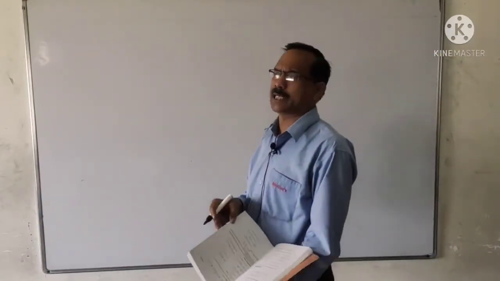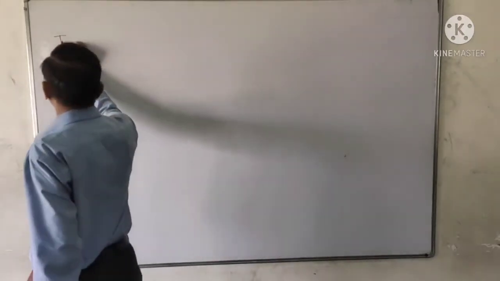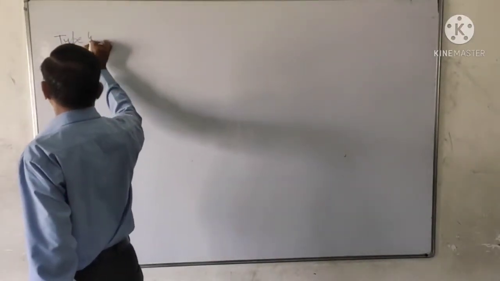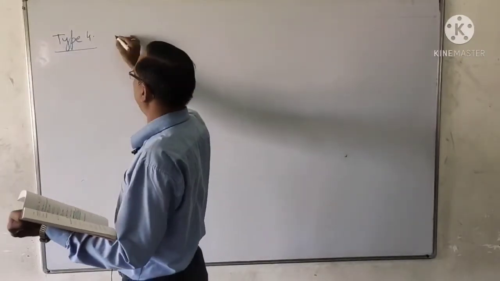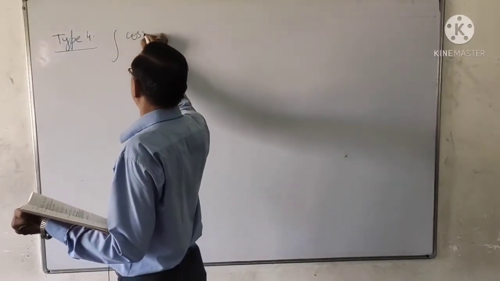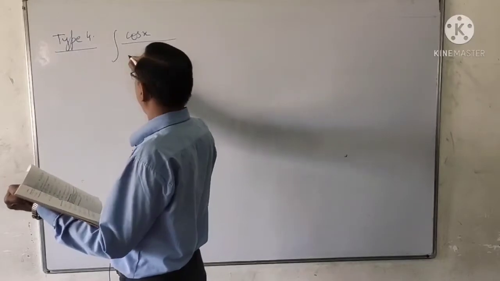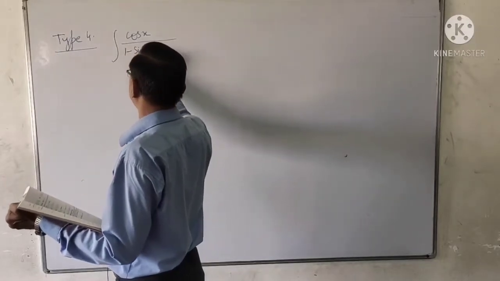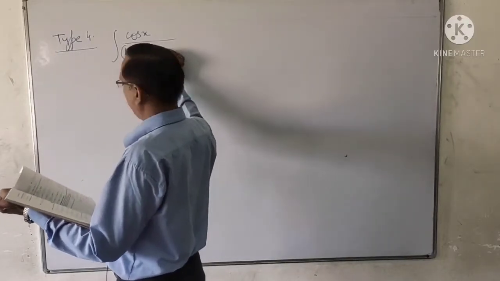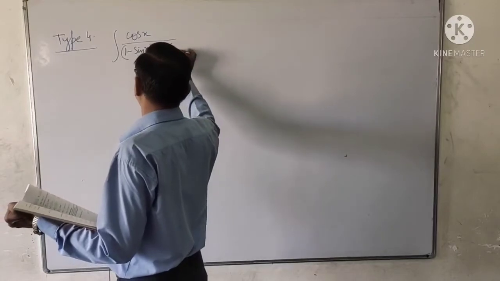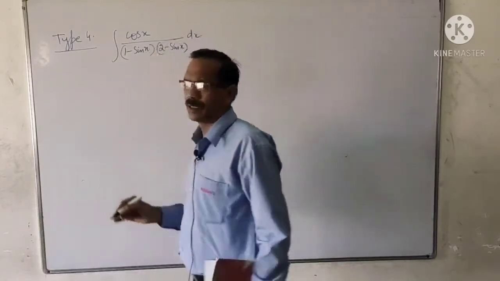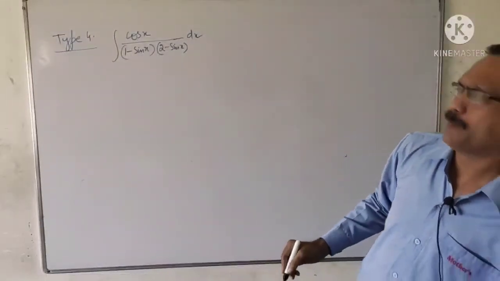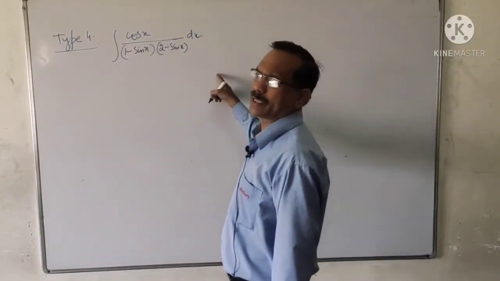Students, next is type 4. See the question based on it. There is an integration cos x upon (1 minus sin x) into (2 minus sin x) dx. So students, you can see the derivative of sin x is given here.